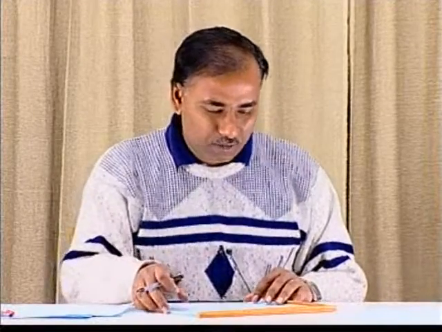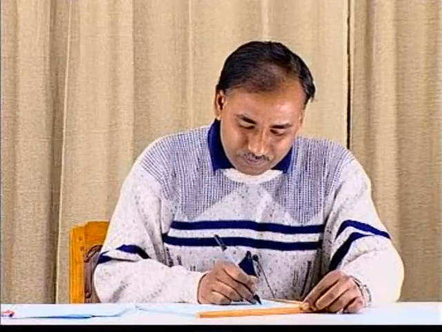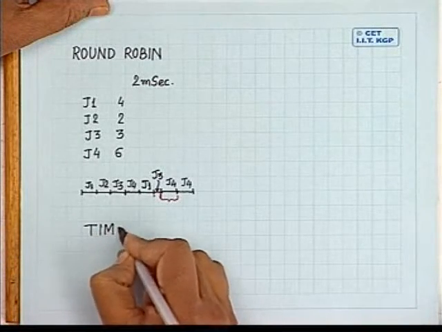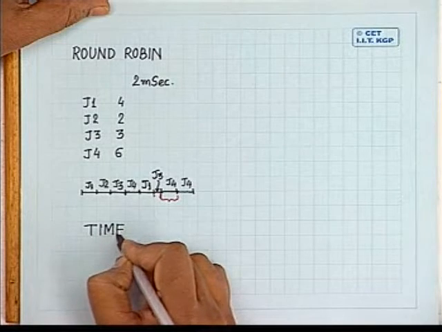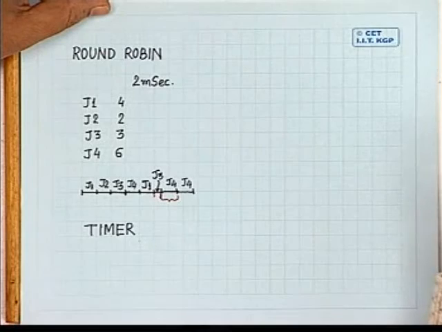Now, when I go for this round robin scheduling, you must have noticed that I must have some agent who will tell the CPU that one quanta is over, isn't it? That means I must have some timer in the system. This timer may be programmable.